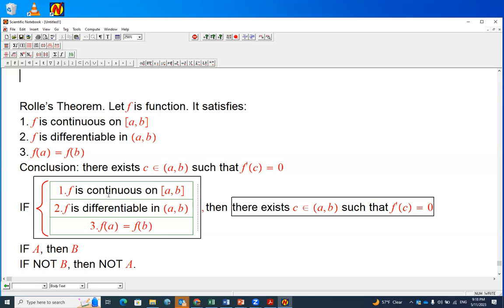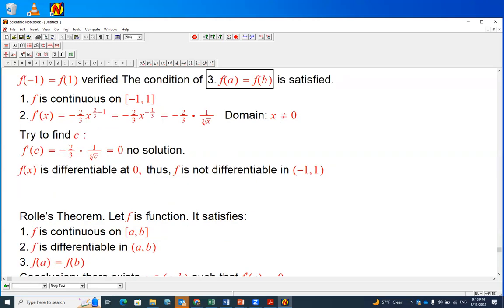Number 3 works, number 1 works, but number 2 doesn't. That's why it doesn't contradict Rolle's theorem, because Rolle's theorem didn't say you can remove the second condition. If we recall how important differentiability is in the proof, the second condition is very important because that's when we can apply Fermat's theorem.